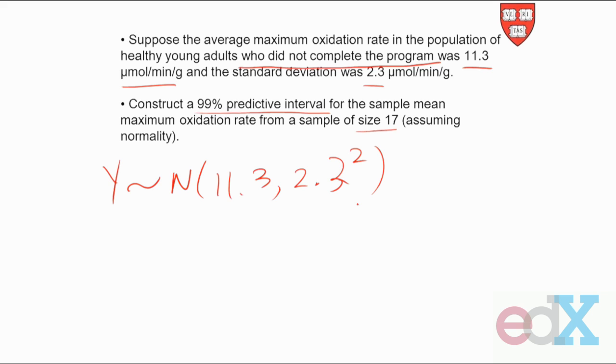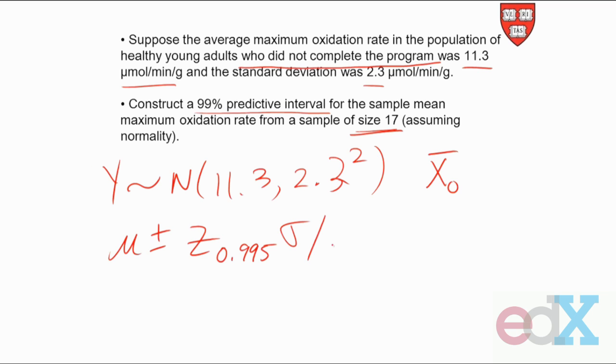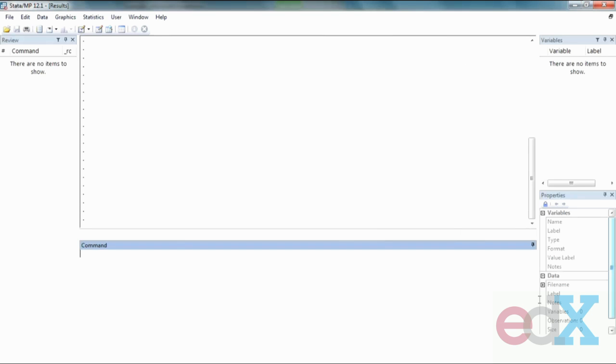Recall that if you want to construct a predictive interval for, let's call this x bar 0, from a sample of size 17, a predictive interval looks like mu plus or minus this z cutoff, where 99.5% of the mass of the normal distribution is in the lower tail, times sigma over the square root of n. Now open up Stata and we'll work through that calculation together.